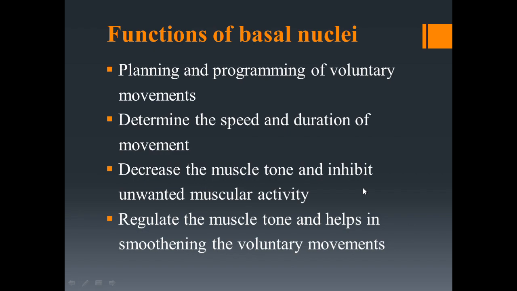It determines the speed and duration of the movement. It decreases the muscle tone and inhibits the unwanted muscular activity. It regulates the muscle tone and helps in smoothing of the voluntary movements.